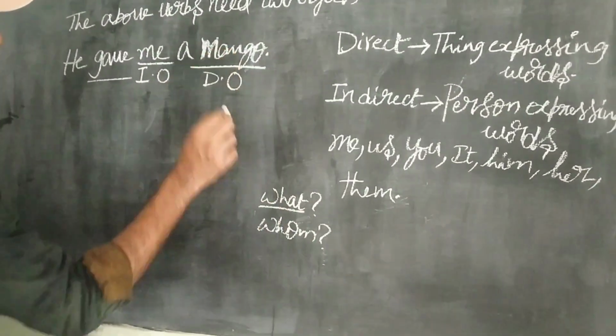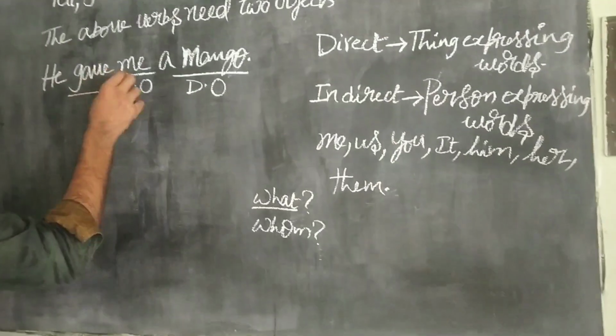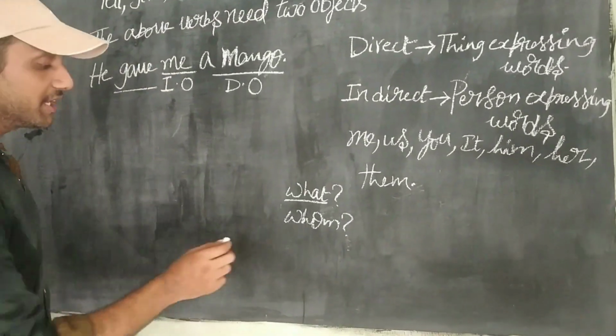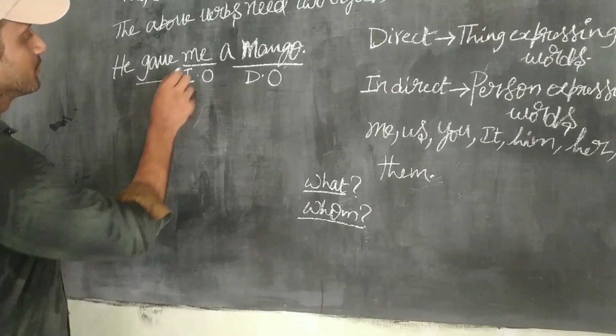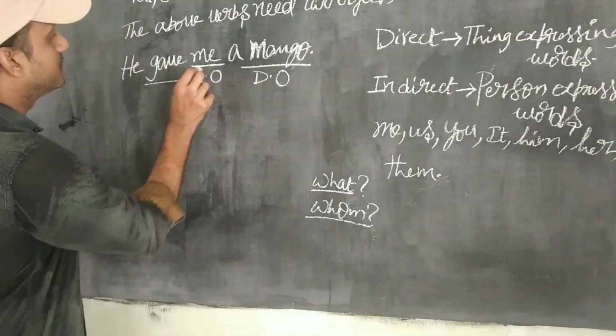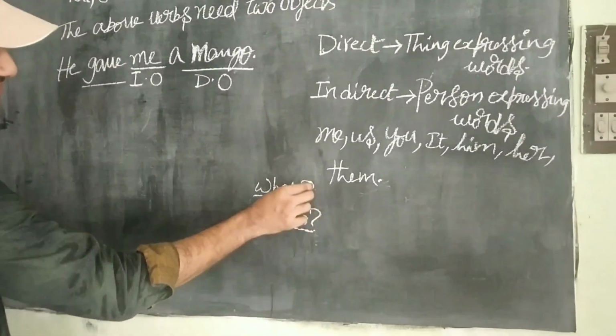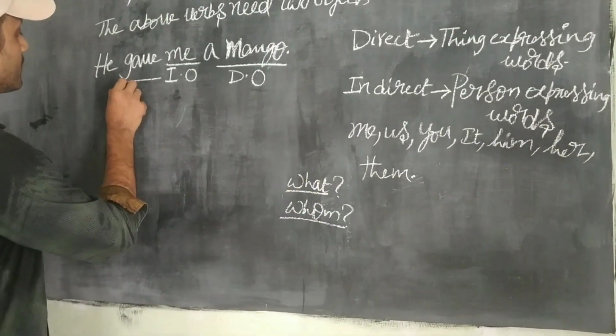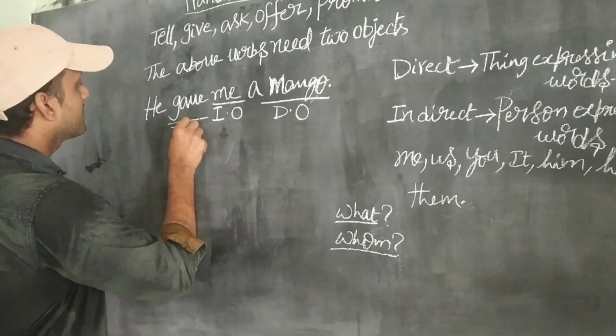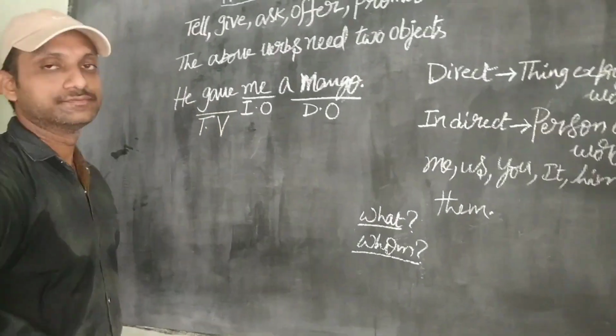What is referred here. To whom did he give? Whom is also referred here. In the sense, for direct and indirect objects, we have these two chances to get. If you observe these two things, then we can write it as a transitive verb.